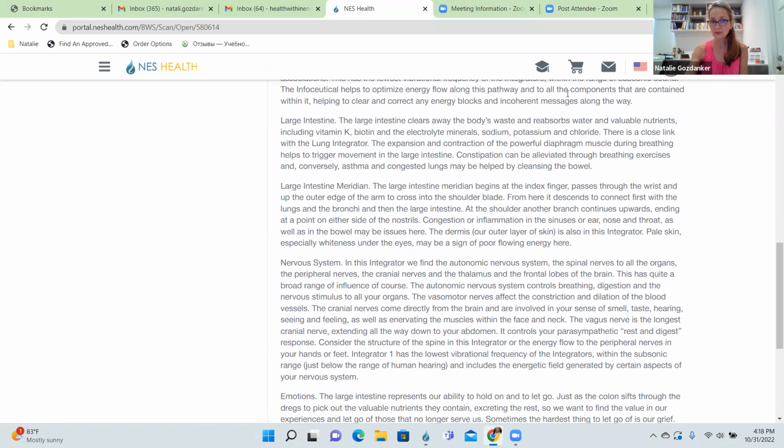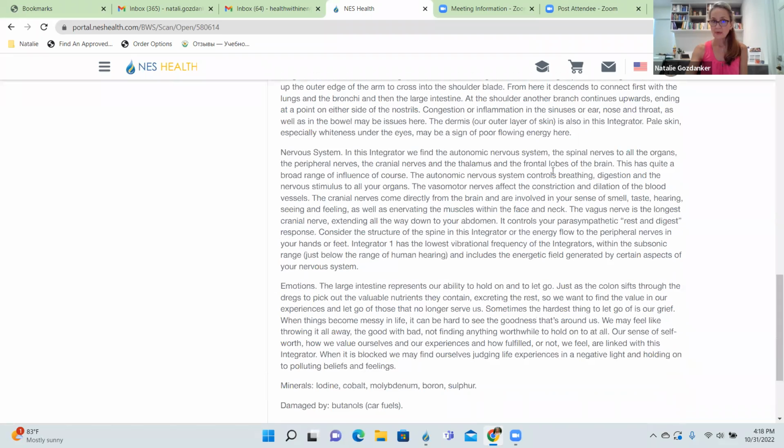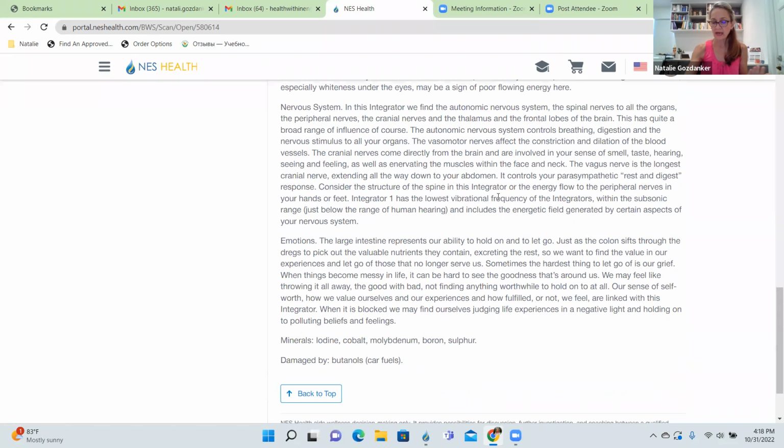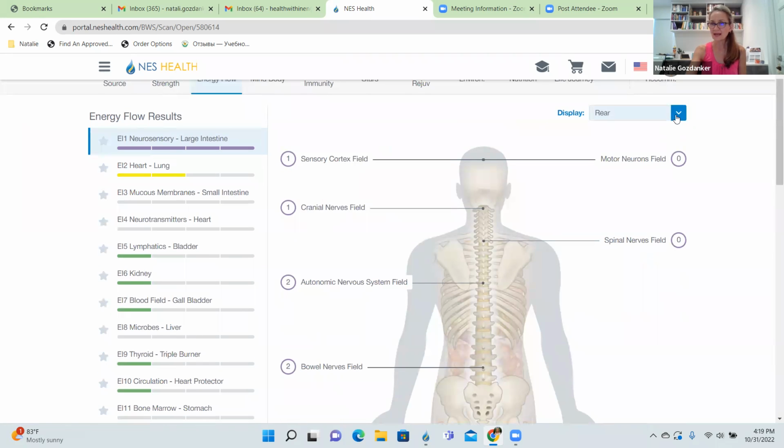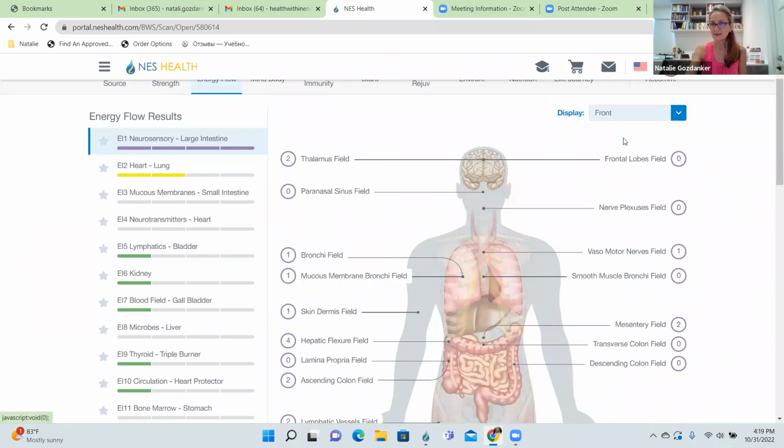And of course, we need to look at the emotions, because the large intestine represents our ability to let go and to hold onto different emotions of resentment and anger and those sort of low frequency emotions.